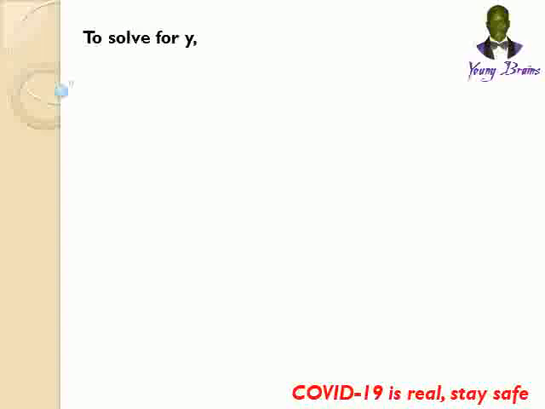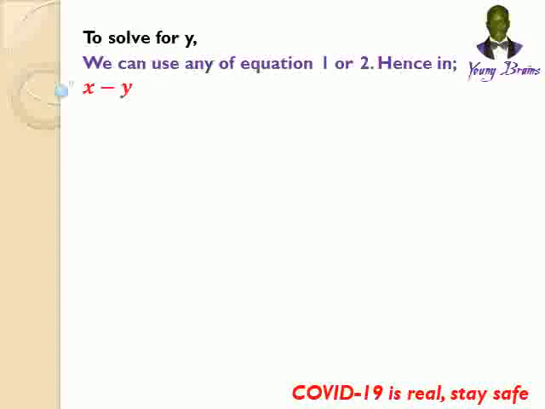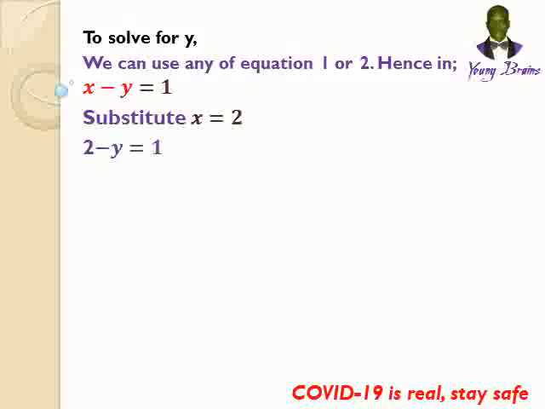To solve for y, we need to substitute for the value of x in any of the two equations. So here we want to make use of equation 2, x minus y equals 1. We already know the value of x to be 2. So we have 2 minus y equals 1. From there, we have minus y equals 1 minus 2, subtracting 2 from both sides.